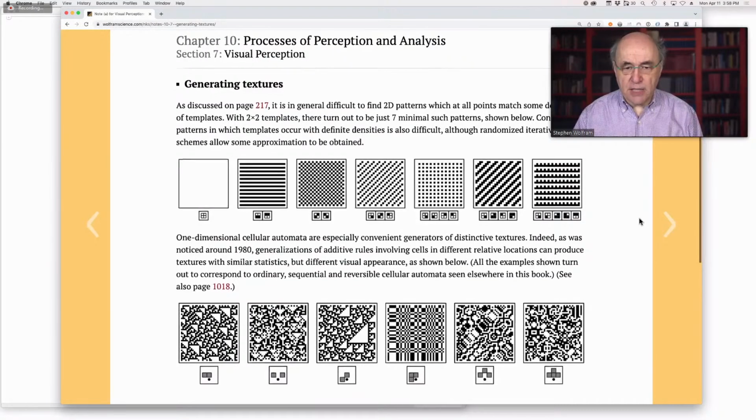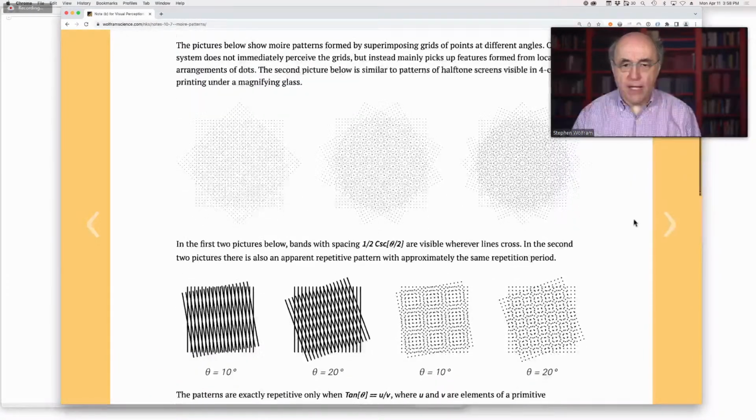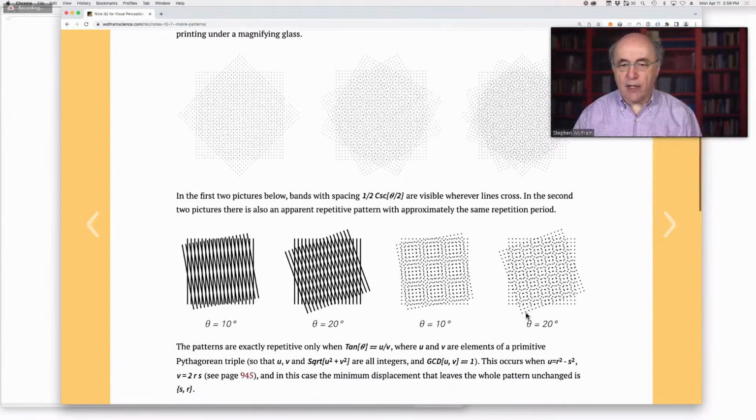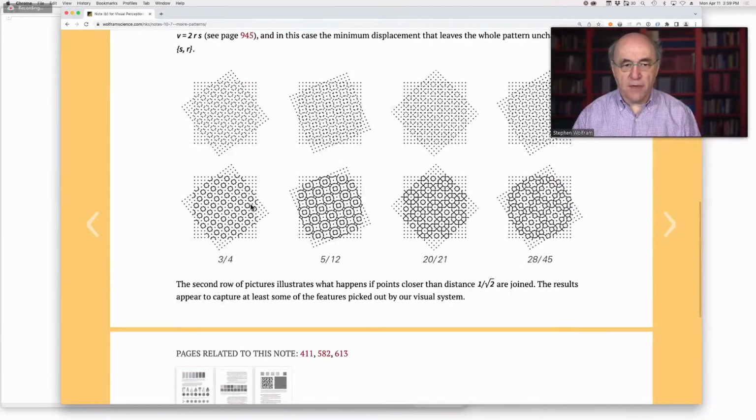Okay, this is about texture generation. Oh yeah, moire patterns. That's a fun case. Is there really a pattern here? You take lines or dot arrays, and you can see that these dot arrays have some elaborate sequence of patterns that are produced just by the interaction of those dot arrays. Same here, and depending on the angle, you get different levels of visibility of things.